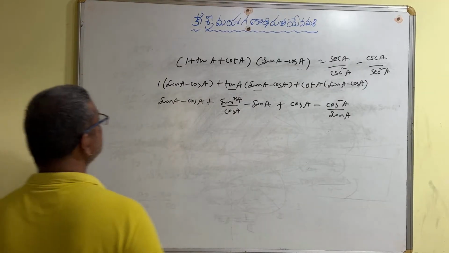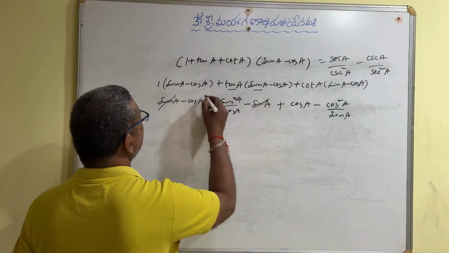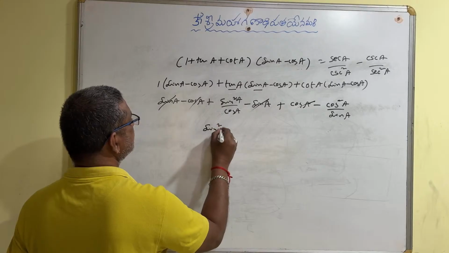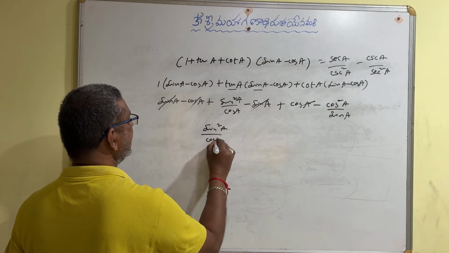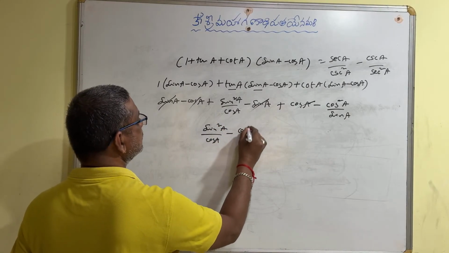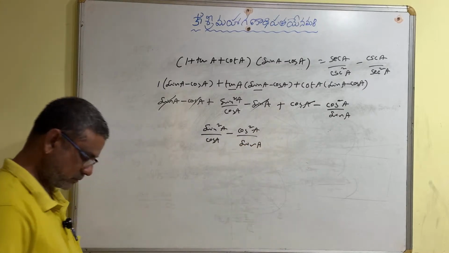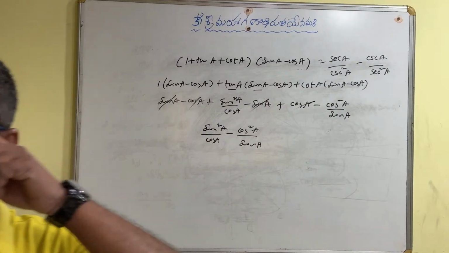Now simplify this. Plus sin A minus, plus minus cos A cancel. What is remaining? Sin square A by cos A minus cos square A by sin A. This is what we got at the end.